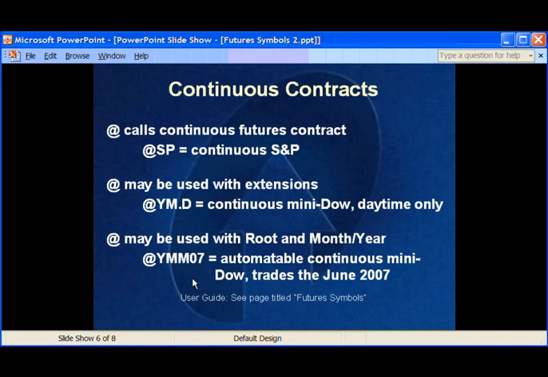By using the @ sign with not just a root, but with the root and the month-year designation, then I'm specifically saying I want a continuous contract, but I'm going to use this for automated trading, so I want this to trade into that specific month and year.